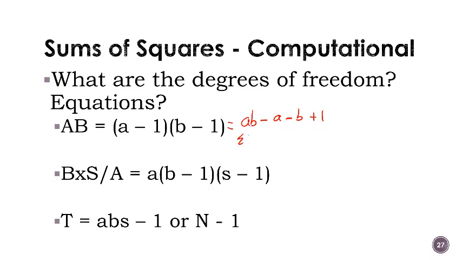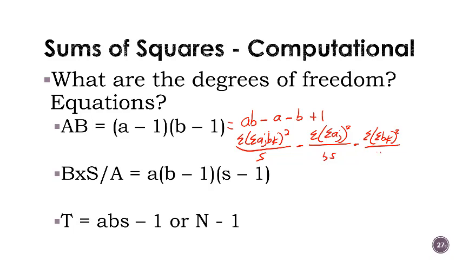Sum of the sum of A_jB_k squared over S, minus the sum of A_j squared over BS, minus the sum of B_k squared over AS, plus T squared over ABS.